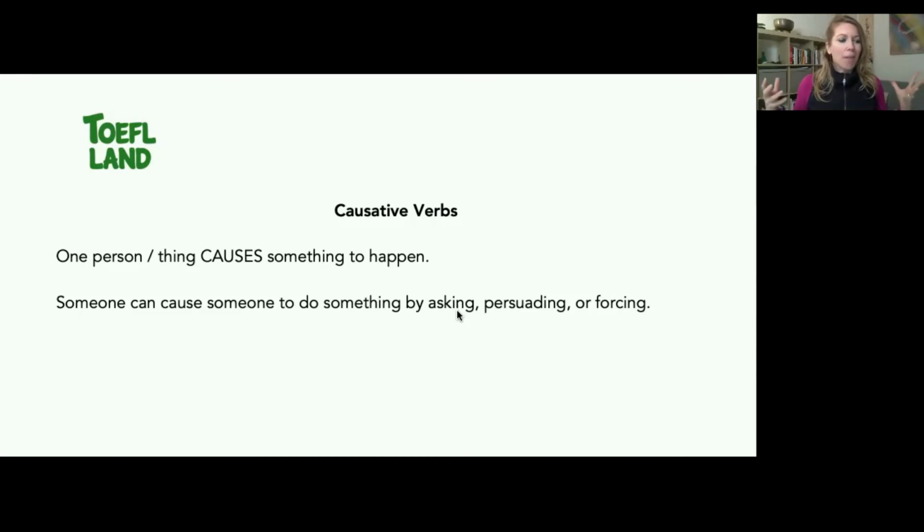It was a very strong causative verb. But we could have a causative verb on the other end. Think about range. Make someone do something is very strong, but if we ask them or persuade them to do something, that's not as strong. So as we go through these verbs, watch the range that we can get here.